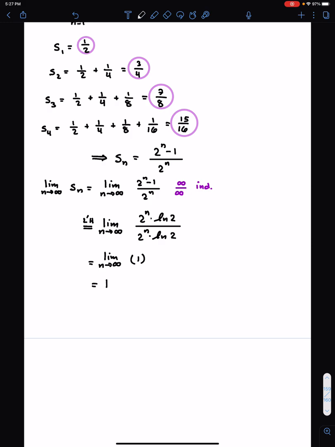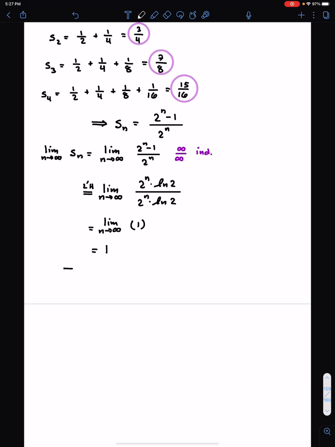So the limit of the nth partial sum is equal to 1, which implies that the series converges. And the sum as n goes from 1 to infinity of 1 over 2 to the n is exactly equal to 1.